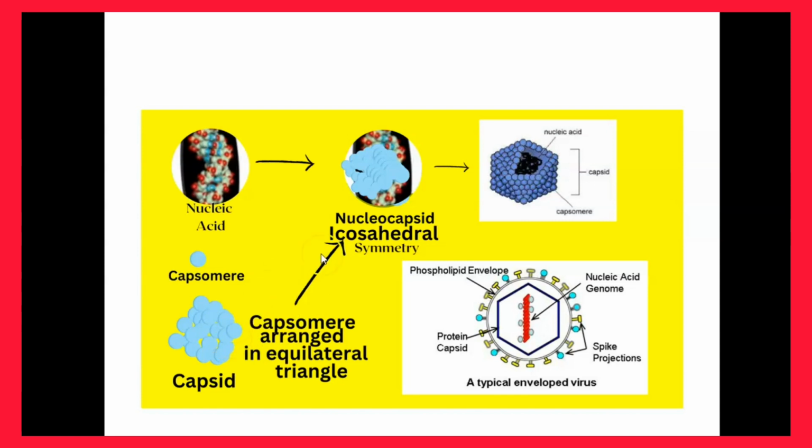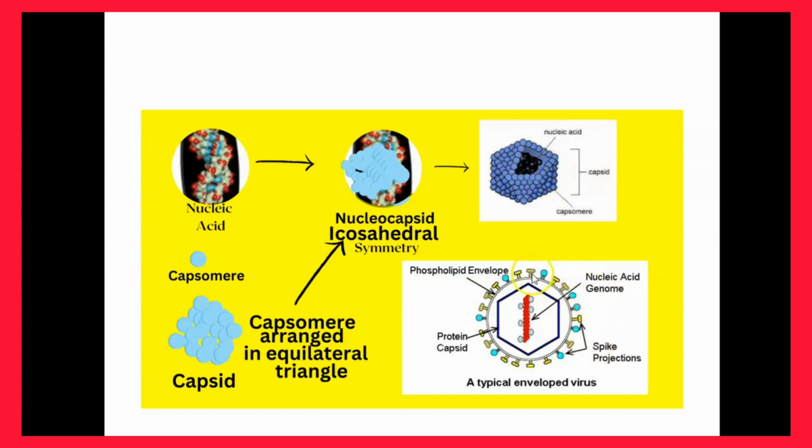This aggregation covers the nucleic acid and forms icosahedral symmetry, arranged in equilateral triangles. It could also be helical, in a kind of helix form. You can see the nucleic acid inside, and what covers and protects it is the capsid. The capsid like this is called a naked virus.